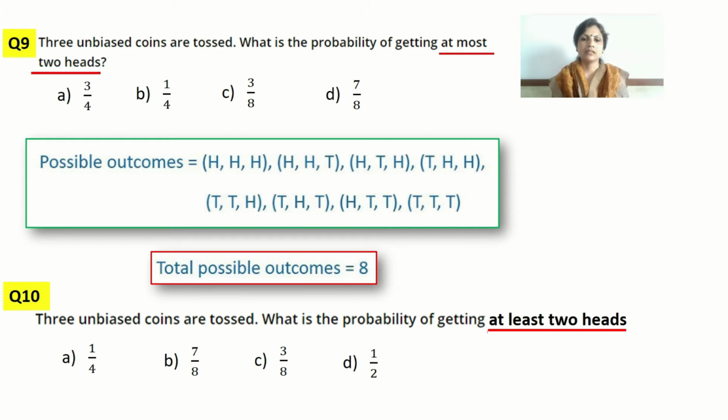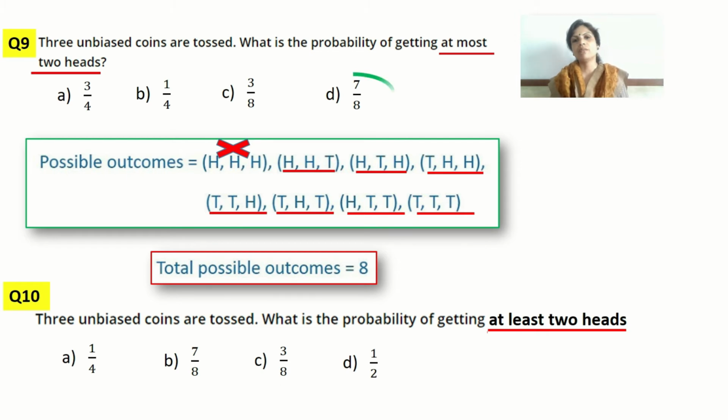Exactly 2 heads, the second place we are getting it, third place we are getting it, next also we are getting it. Next it is 1 head, which is also allowed, next 1 head is allowed, next is also allowed. I said even no heads, so all 3 tails is also allowed. What is not allowed? The 3 heads. It should not be more than 2. That is the meaning of at the most. Alright, so we get 7 such combinations. So the probability of getting at the most 2 heads is 7 upon 8.